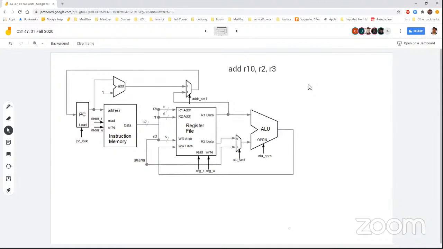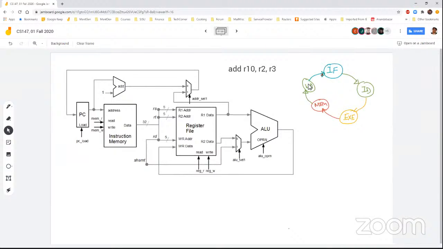In this case, remember, our state machine is always 5 cycles. Instruction fetch goes to instruction decode, goes to execute, goes to memory, goes to write back, and comes back to instruction fetch.